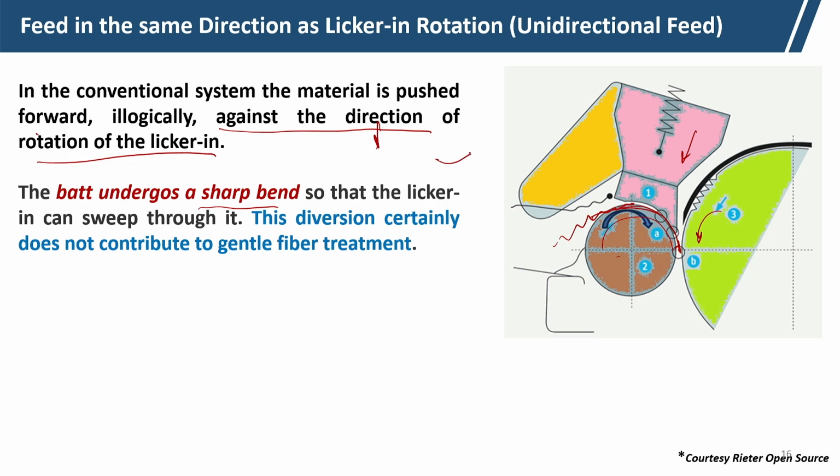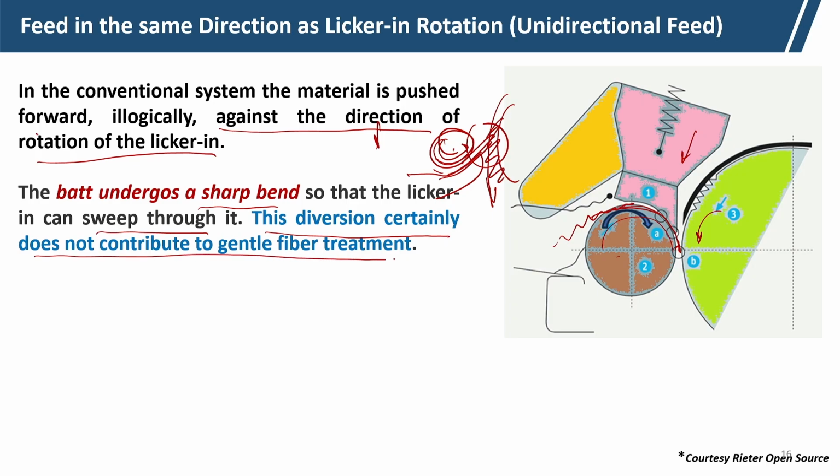Here the feeding is done like this: this is the feed roller and the feed plate is there, and the feed roller feeds the material in this direction, and then the licker-in comes into action, where the sharp bend is there, that we have shown earlier. So, this gives a harsh action on the fiber. This diversion certainly does not contribute to gentle fiber treatment. Here the harsh treatment is there, but in the modern system the treatment on the fiber is a soft treatment.